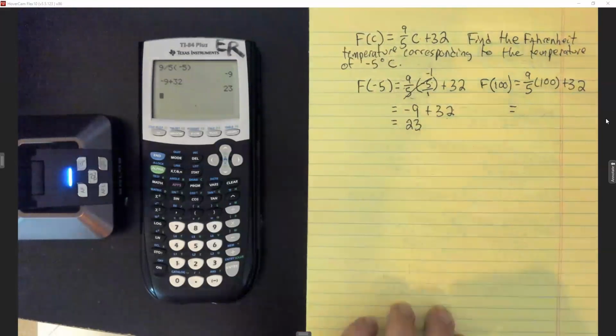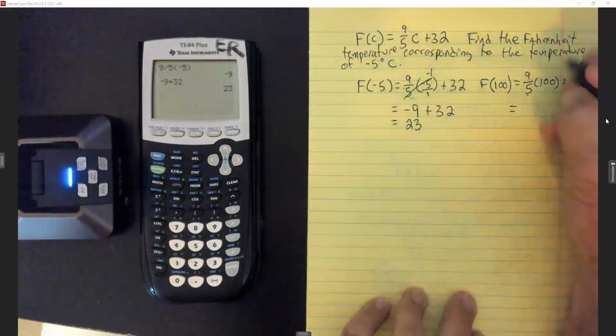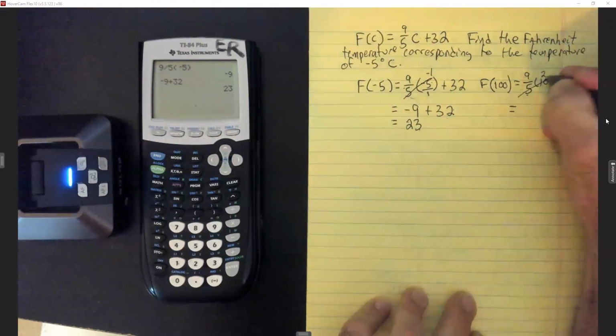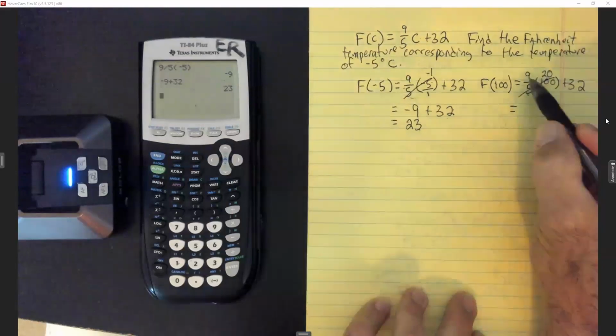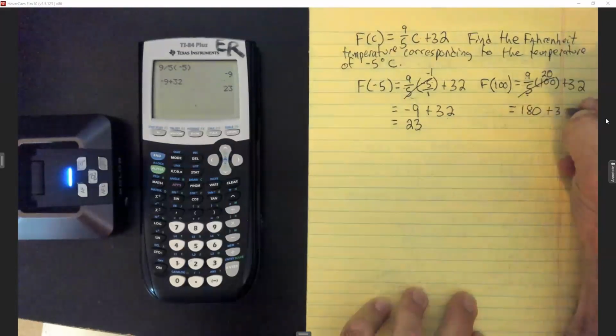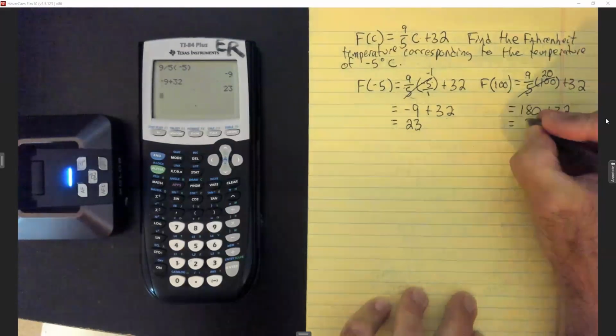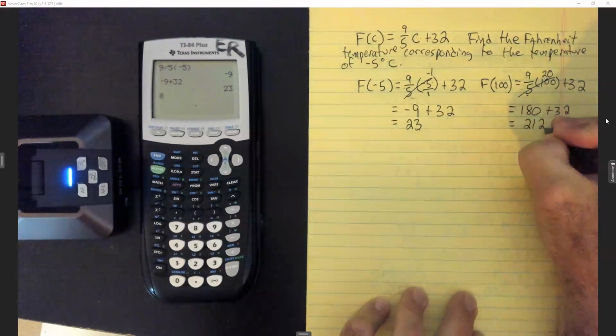Because if not, you're about to. Watch this. 100 divided by 5 makes that a 20. 9 times 20 is 180, plus 32. And y'all, 180 plus 32 is 212 degrees Fahrenheit. Y'all knew that though, right?